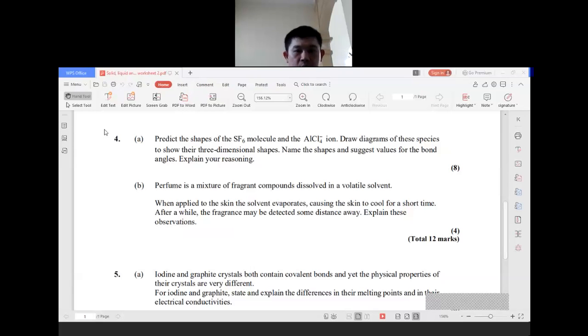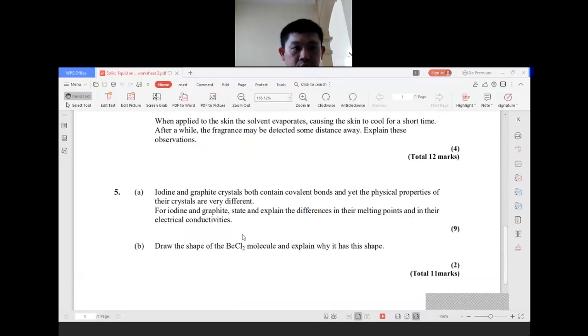This one has the process of diffusion. And in the last number, between iodine and graphite, and then we have to tell about the shape of the BCl2 molecule and explain why it has this shape.